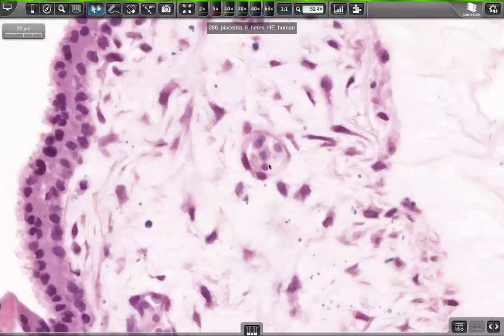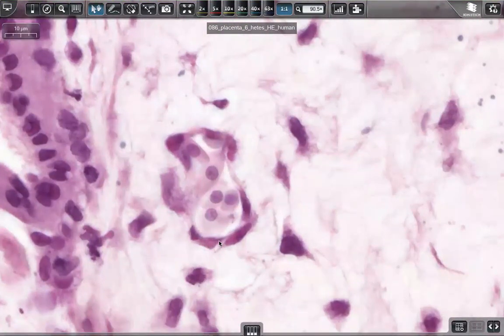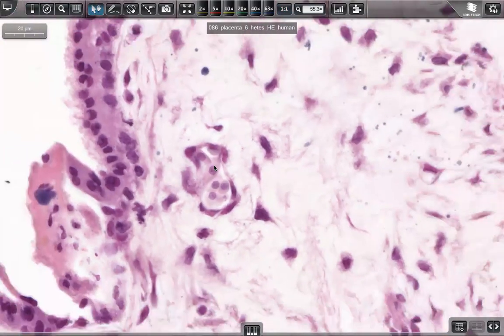So here we have endothelial cells indicating the vascular capillaries, and we have nucleated red blood cells in the developing placenta. This is a 6-week-old placenta.